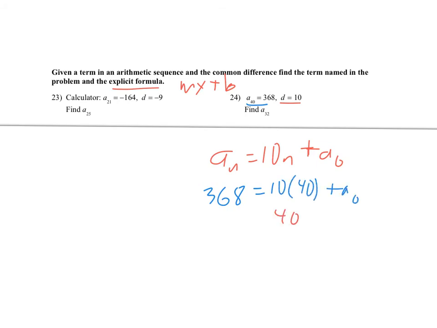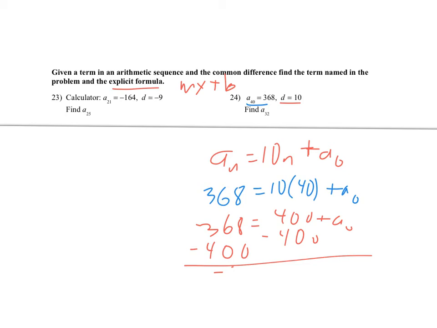So this is going to be 400 plus a sub 0. That'll be 368. So I'll subtract the 400 over. And so this will be a negative 32 equals a sub 0. And so that's it. So we already have our explicit formula then. So it's a sub n equals 10n minus 32.